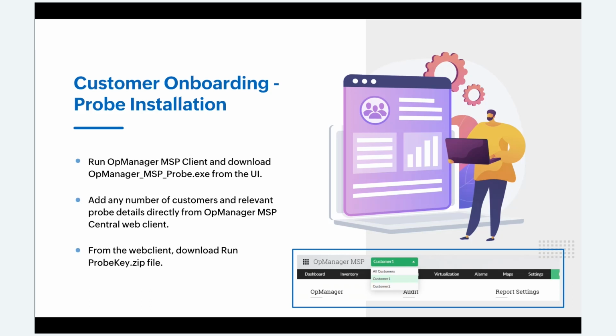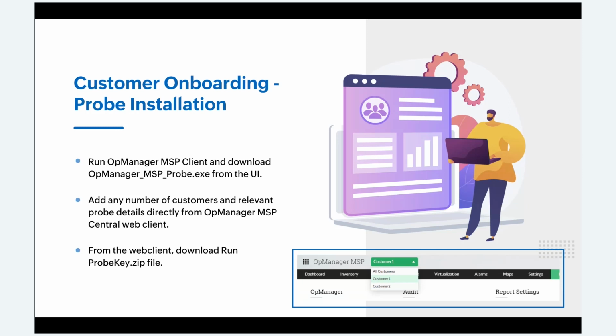But if you choose MS-SQL for your central setup, the same option has to be chosen for the probe setup as well. You can toggle between multiple customer networks you have added easily with the help of the drop-down option provided in Central UI and access the preferred data.